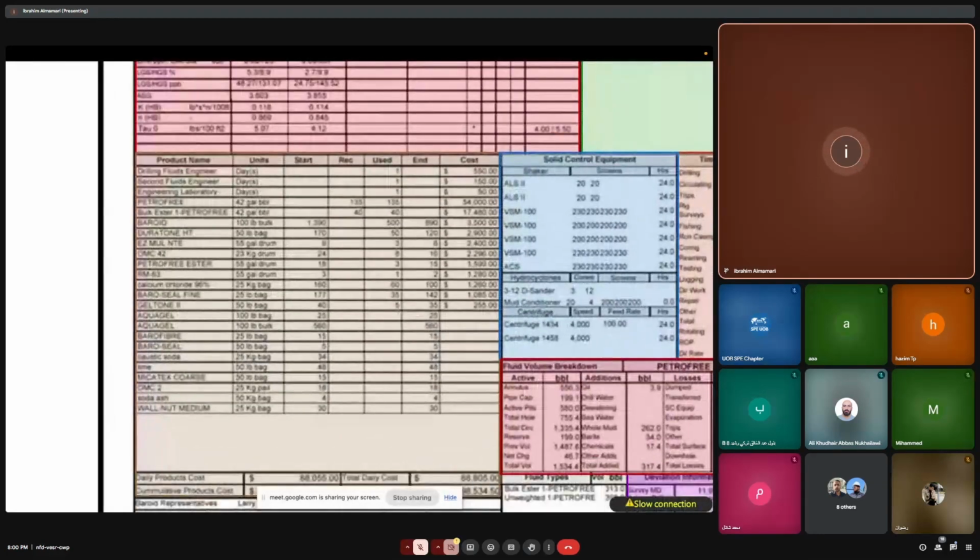And these are the products, depending on the company you are working with. Usually the fluids engineer has a variety of products in the chemical yard, and each chemical has its own function, and every section you will have this bill for the price of each section used in drilling.